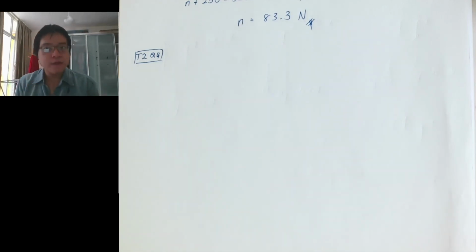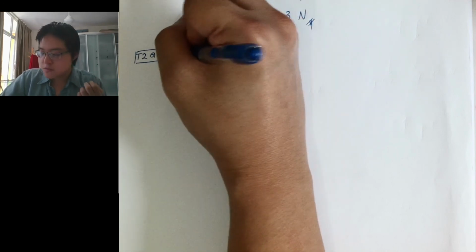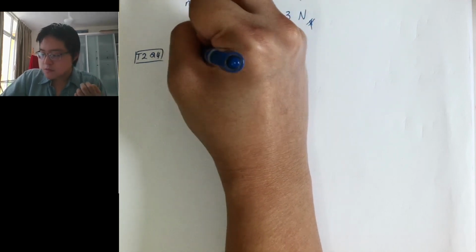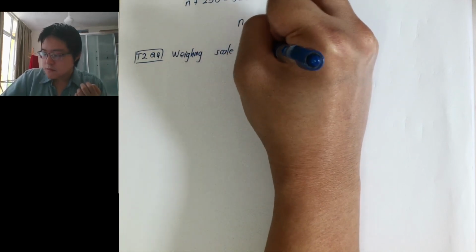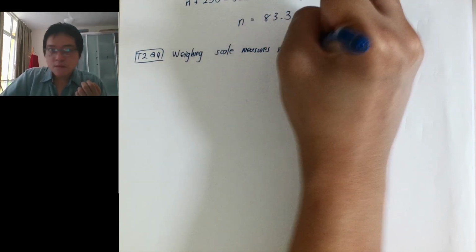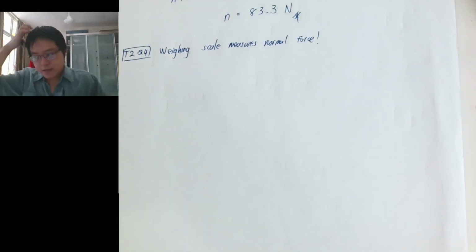Then it tells you your kilograms. But how do they measure it? So you step on the weighing scale and it will measure something. And what it is actually measuring is the normal force. Okay, the weighing scale measures normal force. Why?